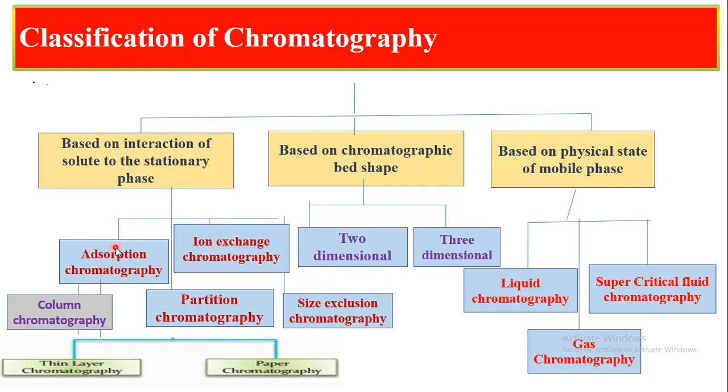Solid or liquid. Based on the chromatographic bed shape, which type of bed have we used? There are two-dimensional and three-dimensional according to their bed shape. And based on the physical state of the mobile phase, there are liquid chromatography, supercritical fluid and gas chromatography.